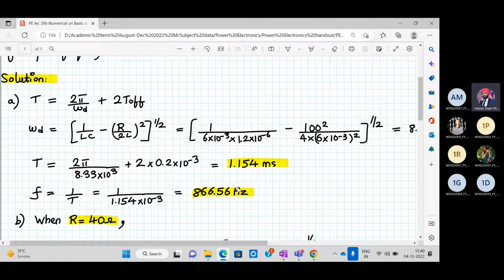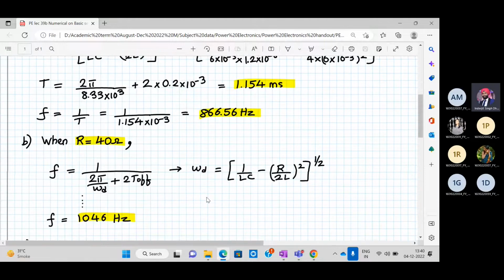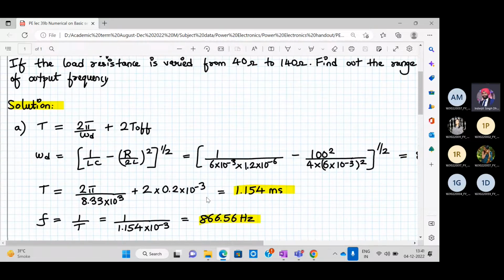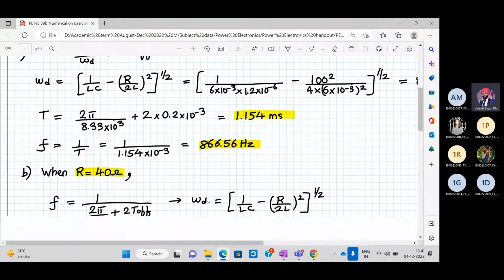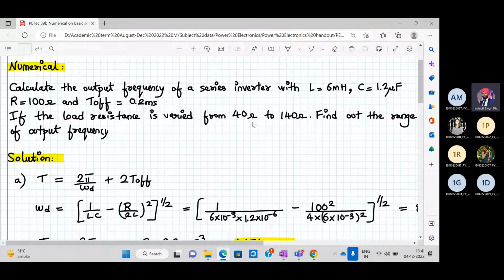Please immediately tell. Yes, sir. Okay, okay, yeah. Okay, you were there last time, Aditya. Yeah. So, in the second part, now we got the value of F, the output inverter frequency.